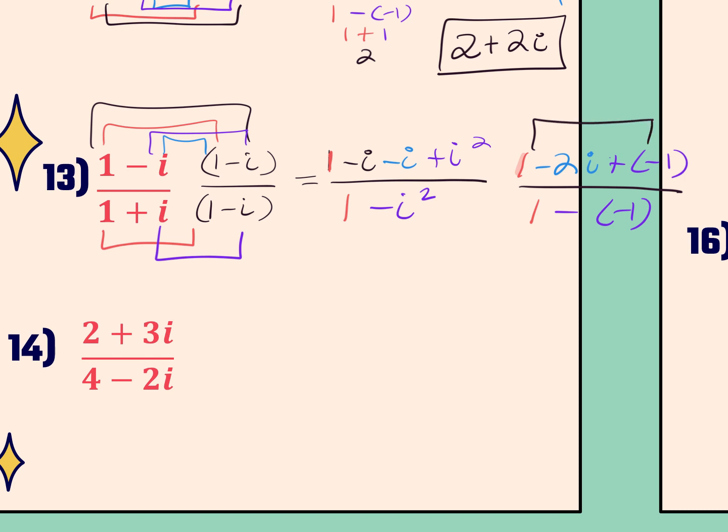So I'm only left with the negative 2i in the top. And then the denominator, this 1 plus 1, that's what it becomes. So that's a 2. And then notice I could simplify, and these would become 1s. So now I'm just left with negative I.